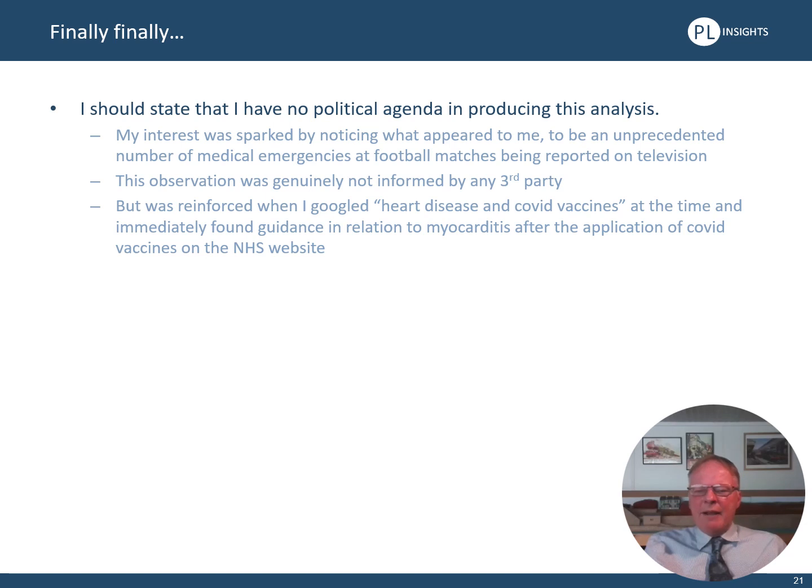I'm aware that now others have noticed that as well. At the time I hadn't, and upon noticing it, I Googled heart disease and COVID vaccines, and I just found it interesting that the NHS website contained guidance for medical practitioners in relation to occurrences of myocarditis and other health conditions after the application of COVID vaccines to the public.